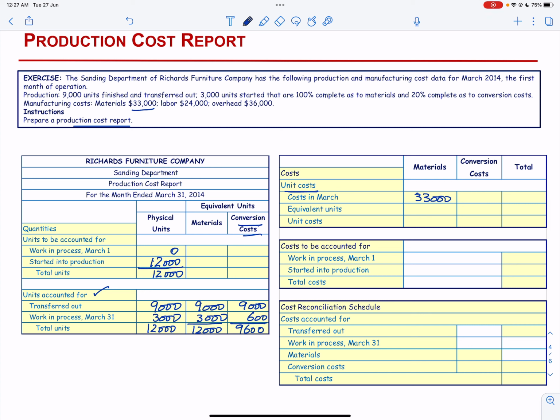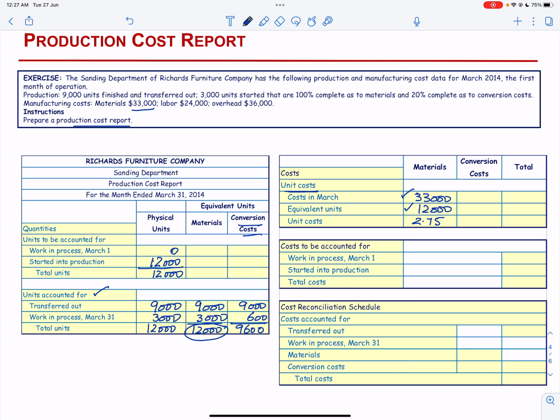Then the material equivalent is 12,000. And the unit cost will be 33,000 divided by 12,000, and this will be 2.75.